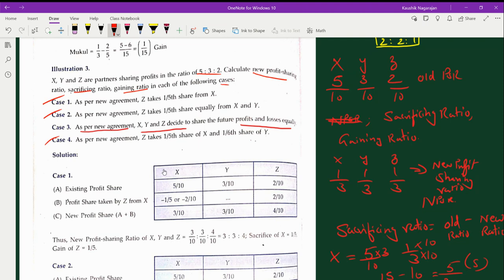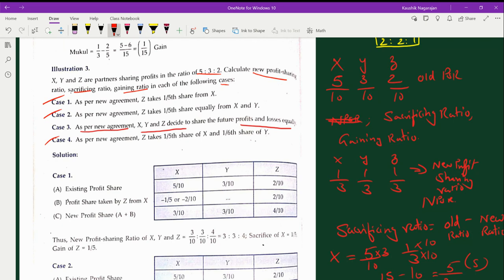Remember, students, the question might have asked you to find out the new ratio, sacrificing ratio, and gaining ratio, but always think logically. If the question itself has provided you with the new ratio of all partners, then it is not possible for us to derive the new ratio since it is already given in the question.